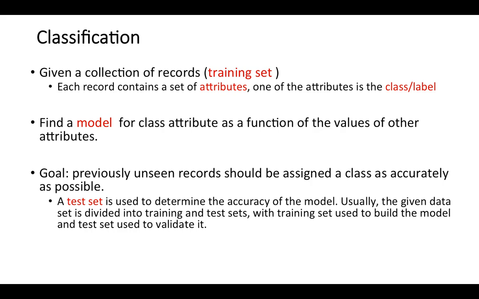You have to find a model. You have predictor variables and a response variable, right? So you're trying to find a model for the response variable in terms of the predictor variables, with the goal that previously unseen records should be assigned to the correct class. So if you're given testing data, your model should be able to accurately predict where the response is going to lie, right?